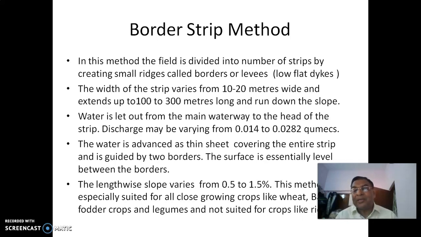Of course, if you argue that rice itself does not need any standing water, yes, in modern methods it is possible. But right now for rice, I don't have any history of it in this method. They have such things, but not exactly like this. Okay, so let us go for the next.